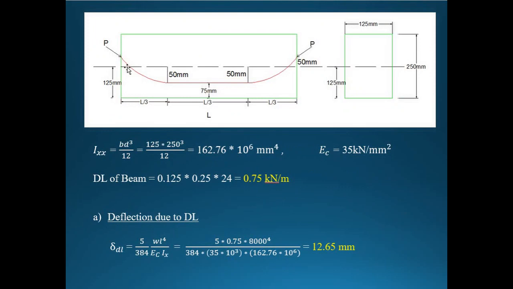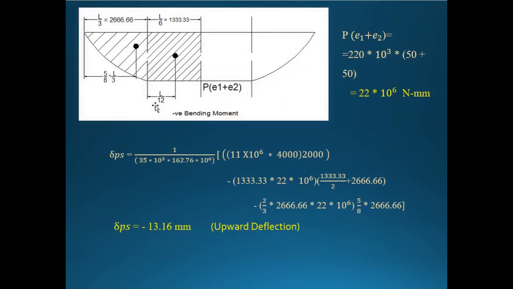Whatever bending moment diagram I have written is for the portion present below the neutral axis. If the cable is present below the neutral axis, then it is a negative bending moment. So for that, we have a parabolic variation, a straight line, and again a parabolic variation.